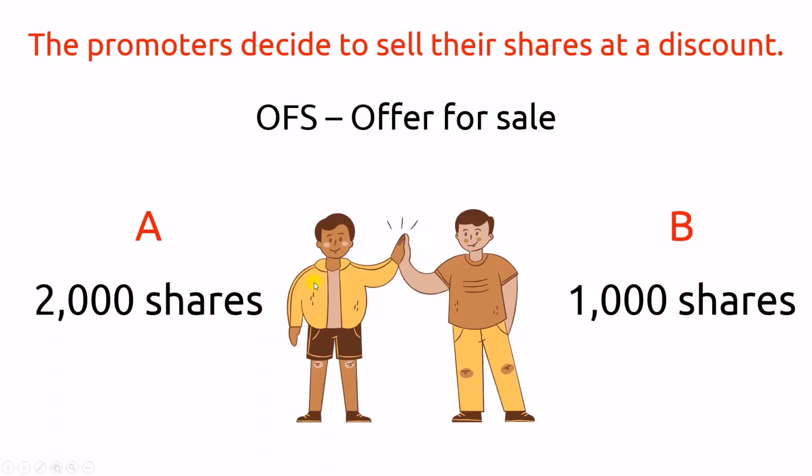So if a company is in trouble, they will offer their shares for sale at a discount price to get as much money as possible before the company goes down. Before the company goes down. So that is a red flag, and this is what you have to watch out for.